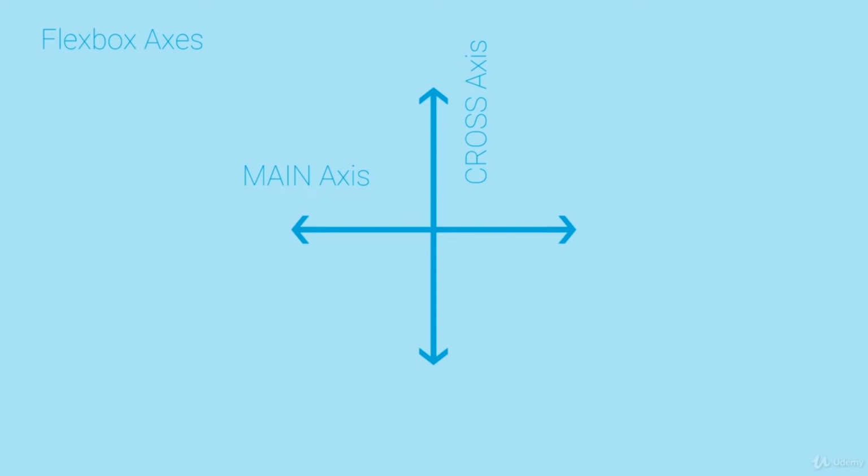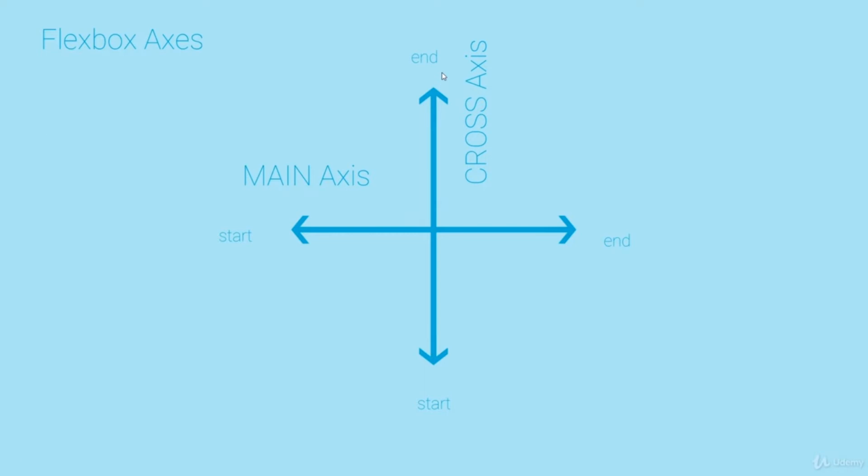And each one of them has a start and an end. The main axis starts on the left side and ends on the right side, and the cross axis also has a start and an end, starting on the bottom side and ending on the top side.